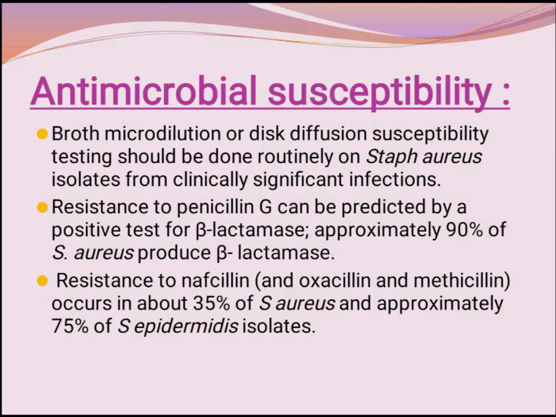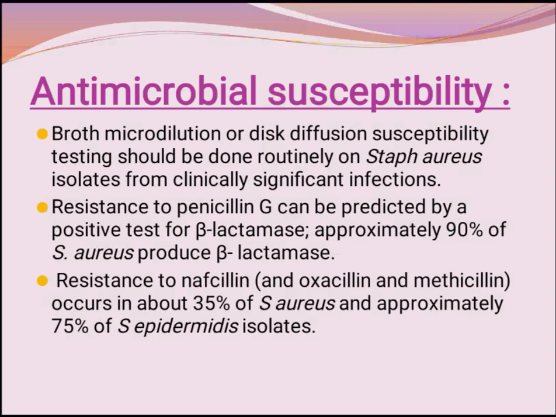The most important thing in infections caused by Staphylococcus aureus is that antibiotic resistance is very evident. First, staphylococcal infections were treated with penicillins. After that, the microorganism developed resistance to this antibiotic by production of beta-lactamase enzyme, which could be plasmid mediated.